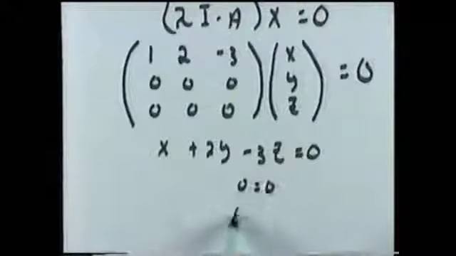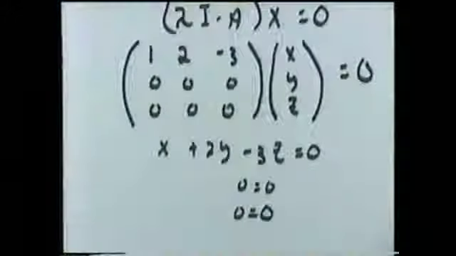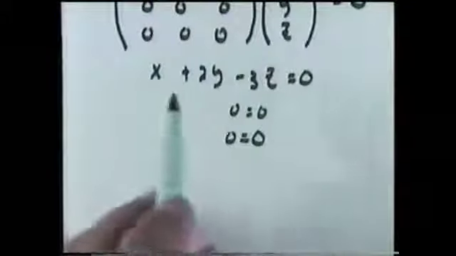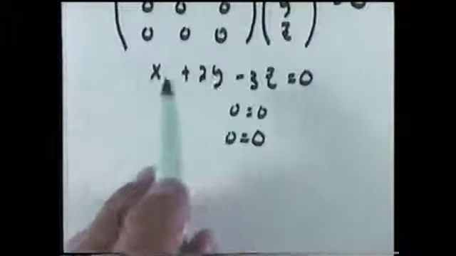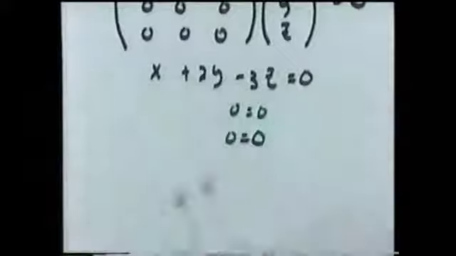And of course this one will give me 0 equal to 0, and 0 is equal to 0. So to get my eigenvectors corresponding to 2, I need to pick values of x, y, and z that make this equation true.